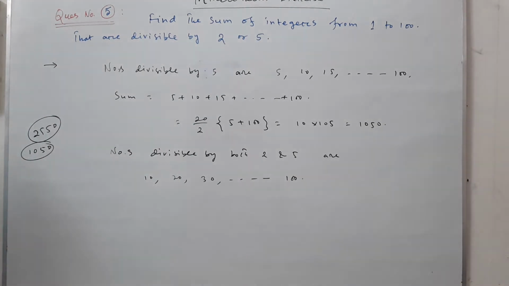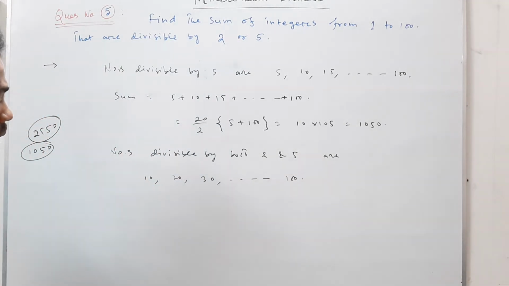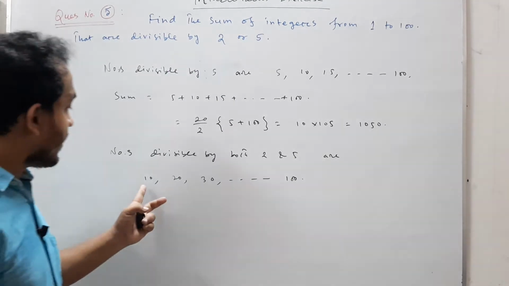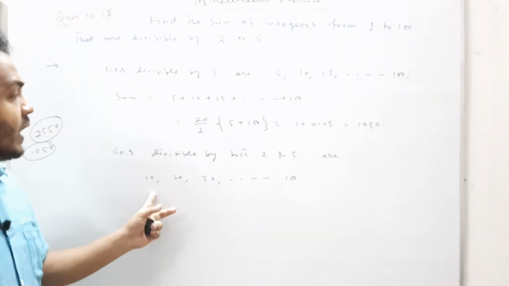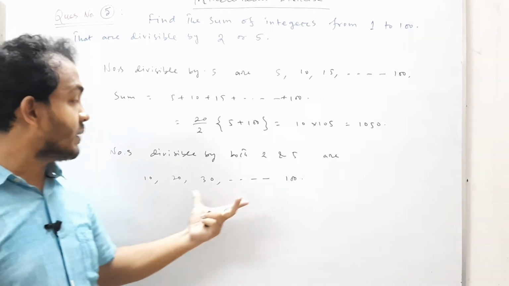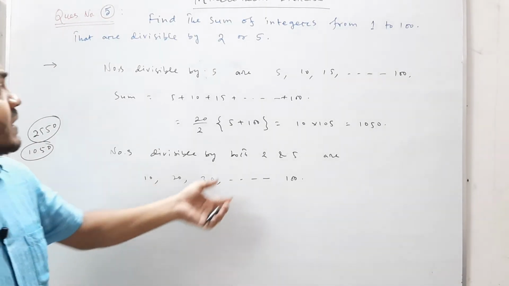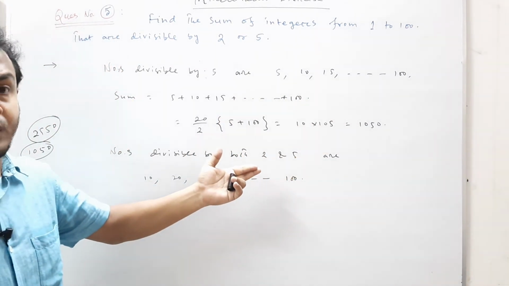These numbers are all even numbers, and they are also divisible by 5. So these numbers occur in the numbers divisible by 5 and also in the numbers divisible by 2.